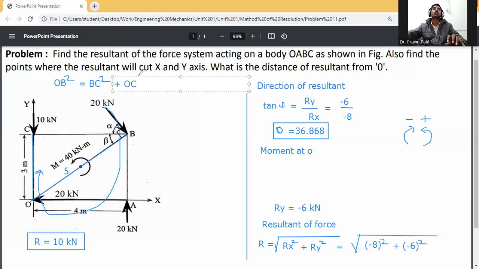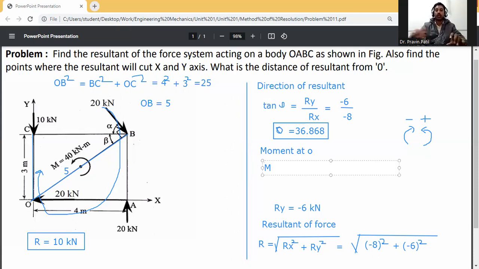BC square is 4 square, which is 16, and OC square is 3 square, which is 9. So total it will be 25. So OB square is equal to 25, so OB is equal to 5 meter. That's why the perpendicular distance is 5 meter.